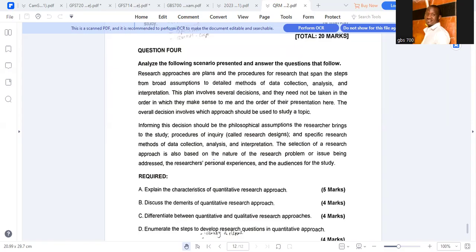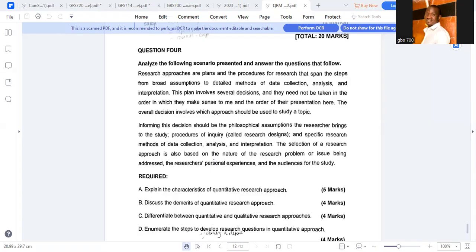So there are different types of quantitative research. Anyone who remembers the types of quantitative research? We have descriptive, correlation, experimental, quasi-experimental, and longitudinal. These are the different types of quantitative research.